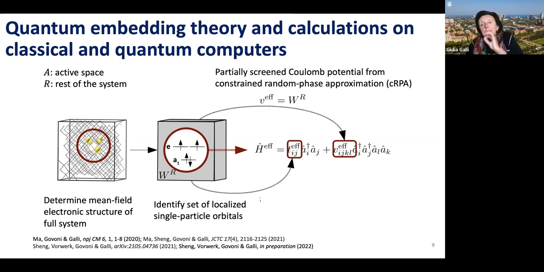Said in better words, what we mean is that we need to be able to define an active space that contains states that have the effect of the environment on them, but they don't have a very strong hybridization with the environment.